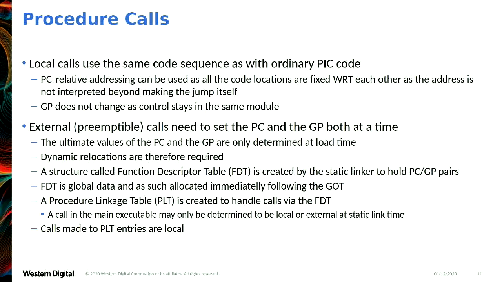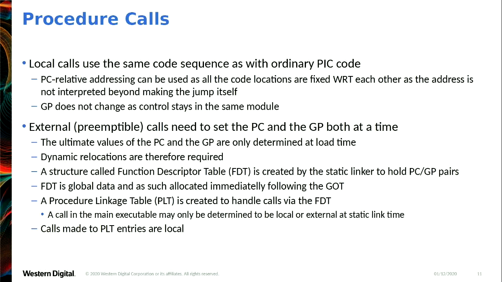We define a new data structure called a function descriptor table, which is going to be created by the static linker, and the table will hold pairs of PC and GP. The PC will be the address of the function to call, and the GP will be the corresponding GP value for the module the function is in.